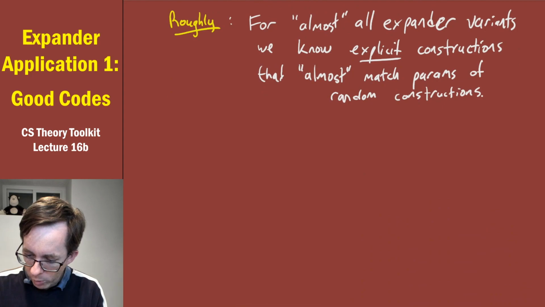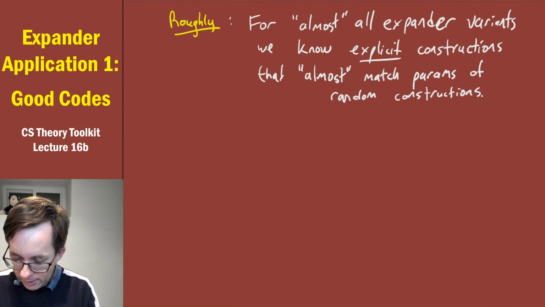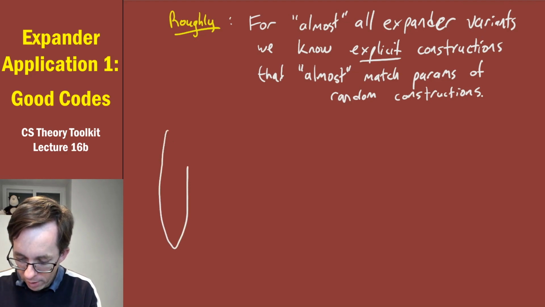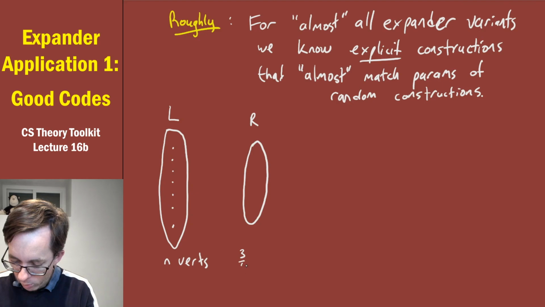So once again, we imagine we can deterministically construct in polynomial time an expander graph with two sets of vertices. It'll be a bipartite expander graph. On the left-hand side, we'll have some n vertices. And on the right-hand side, we'll have slightly fewer vertices. I'll call this set of vertices R, and here we had 3/4 n vertices.